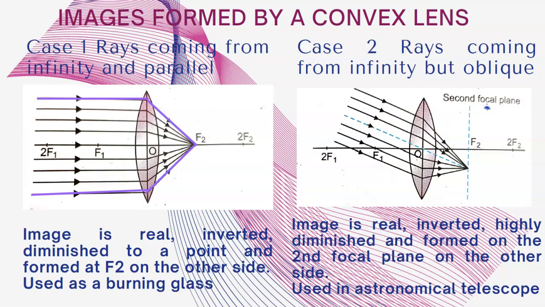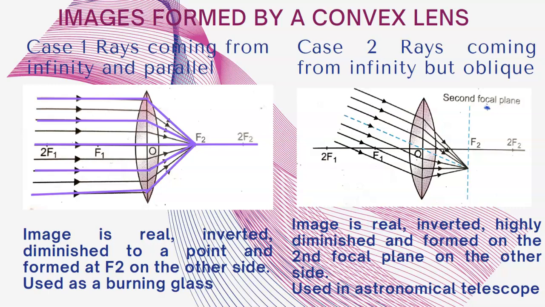Remember, wherever the light rays meet, image is formed there. We can draw one more ray. 4 rays are enough to draw a diagram in any case. So one more ray and we get convergence of rays.